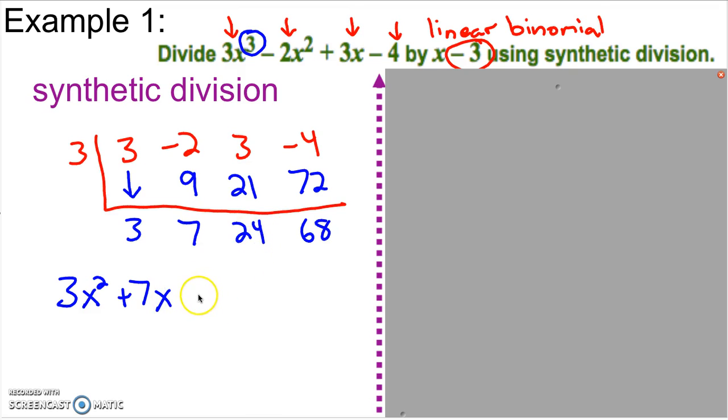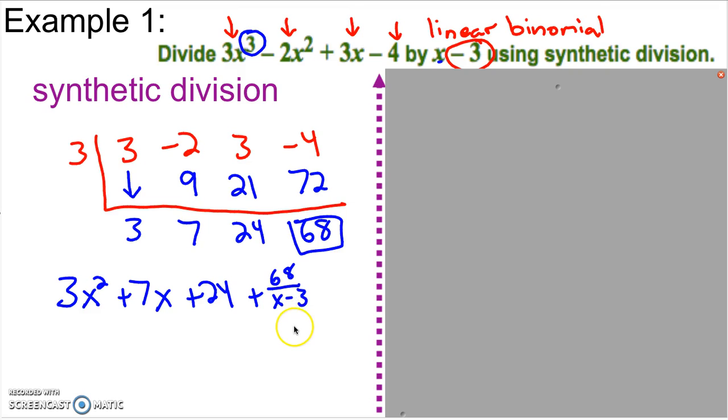And we're just counting down. The next one is +24. That's the constant. The last number is always the remainder. And so we add our remainder over our original divisor, which is x minus 3.